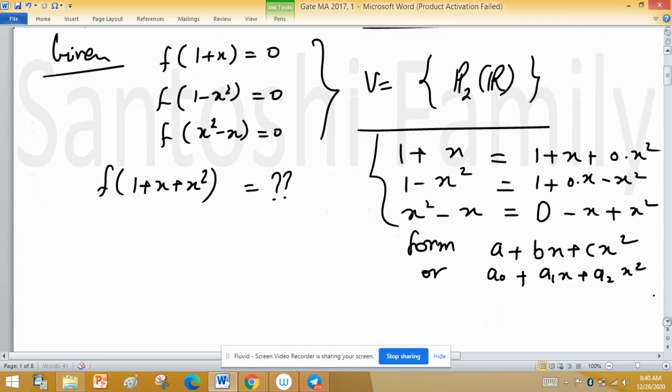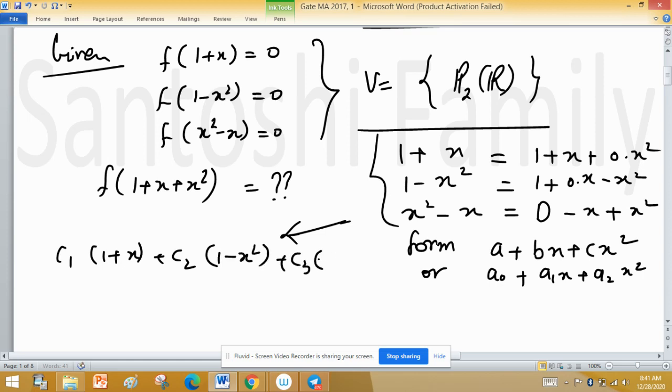Write the coefficient matrix, because we need to check c1 times (1 plus x) plus c2 times (1 minus x square) plus c3 times (x square minus x) equal to 0. We form this system and develop a matrix.